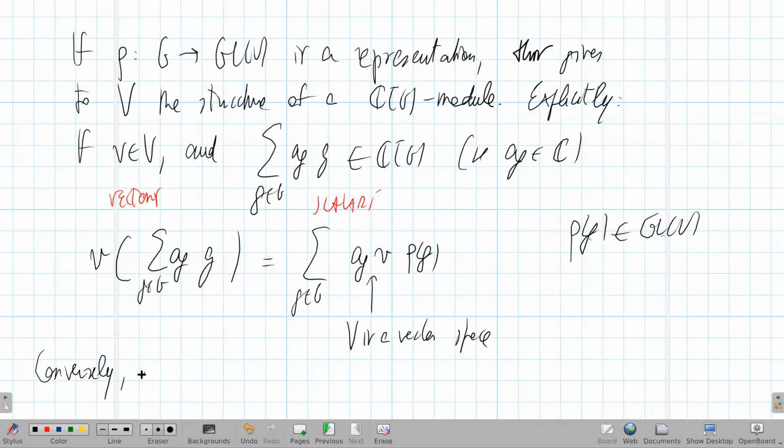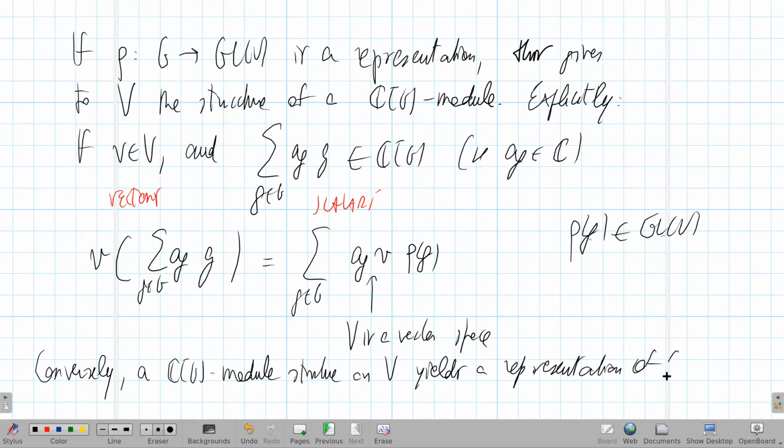Conversely, a CG module structure on V yields a representation of G on V. So the two concepts are really equivalent. Either a representation means a morphism from G to GL(V), or a CG module structure on V.